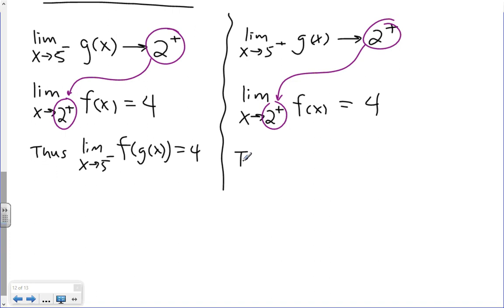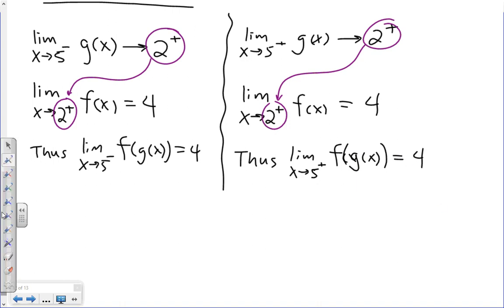So again, the conclusion from this work here is I can say that the limit as x goes to 5 from the right side of f of g of x is equal to 4. Those are the two pieces that I use to figure out what's the limit as x goes to 5.